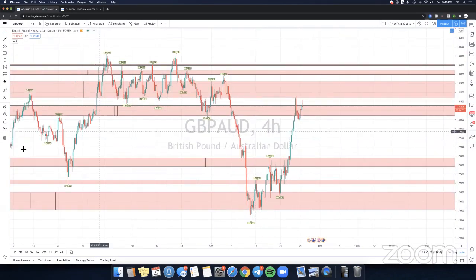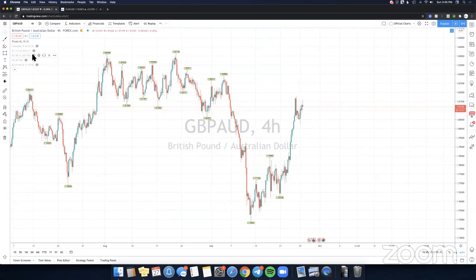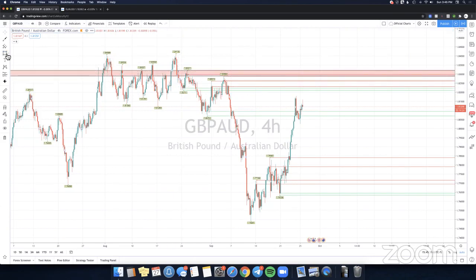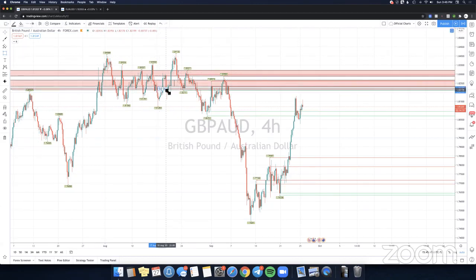Okay, GA over here, delete everything. Open the SRs, and then draw these zones for you guys.